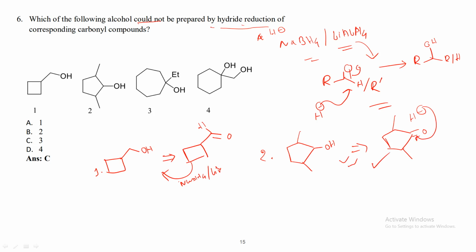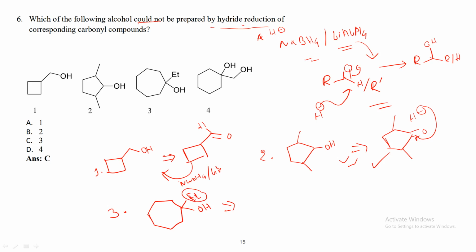Now let's say 3. You can already see this is not possible. Here is the ethyl. If we want to do the retro, there is no hydride there.